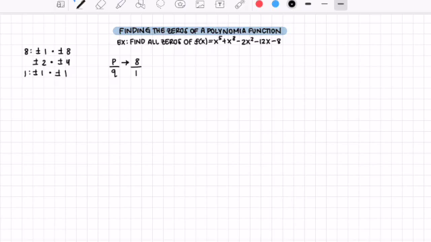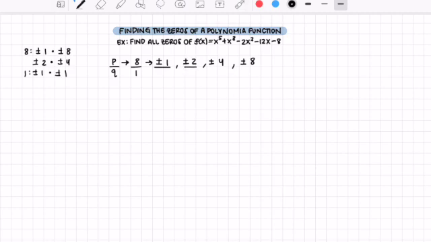So on the top, I have possibilities of positive or negative 1, positive or negative 2, positive or negative 4, and positive or negative 8. On the bottom, the only possible factor would be just 1.